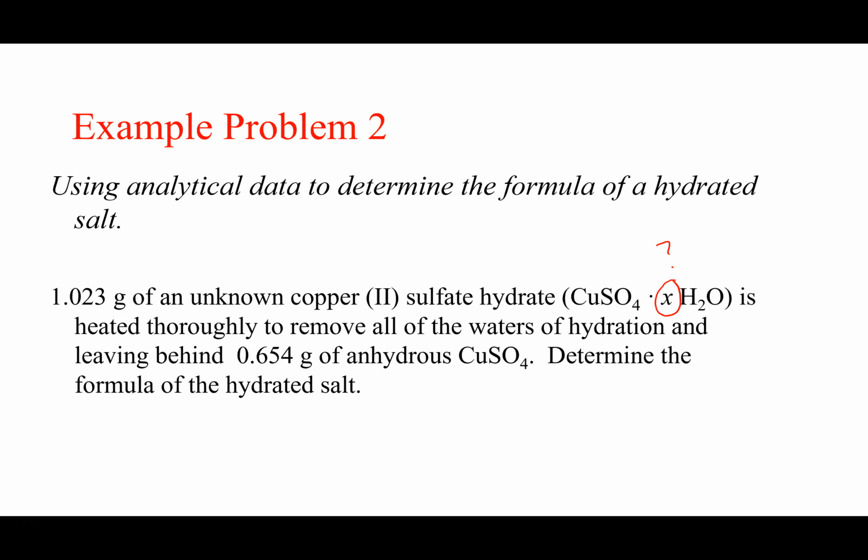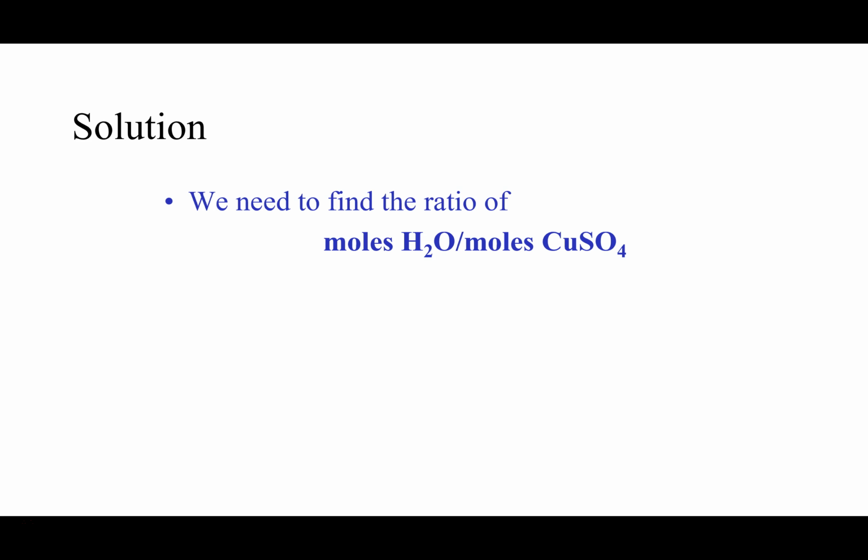You can simply take these moles divided by those moles to get the number of moles. I'll show you what I mean. Okay, so we're after the moles of H2O to the moles of the anhydrous salt to find X, basically.